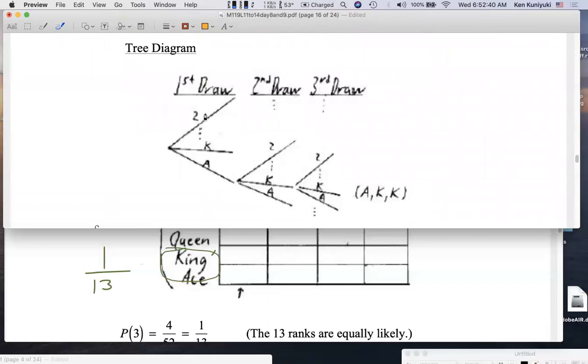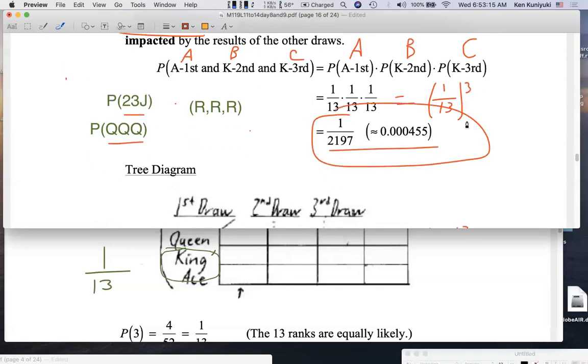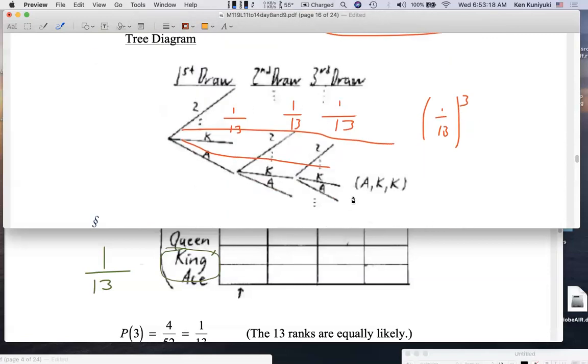You have equal probabilities on each of these branches. 1/13 for each of the ranks on the first draw, and then 1/13 for each of the ranks on the second draw, and then 1/13 for each of the ranks on the third draw. Whichever path you take, including ace, king, king, is going to be 1/13 times 1/13 times 1/13, or 1/13 cubed. So for each of these paths, whether it's ace, king, king, or queen, queen, queen, it's going to be 1/13 cubed. It's the same probability for all of these ordered triples.